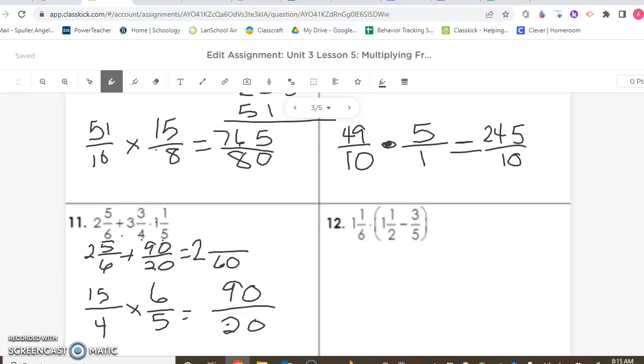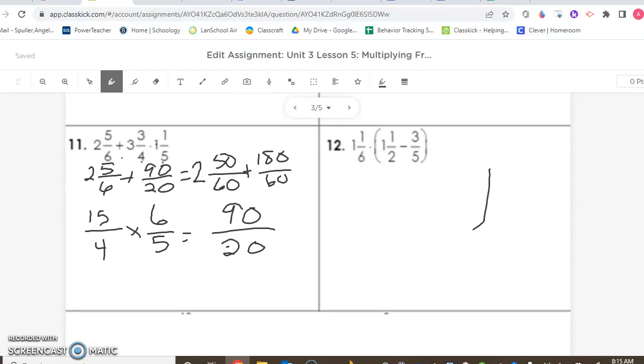So that would have been times 10, 15, plus, that would have been times 3, so we would have had 180. So our answer would have been 2 and 230 over 60, which we got to simplify.